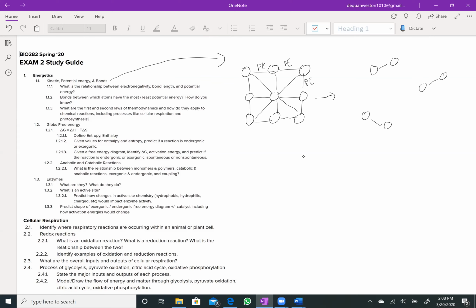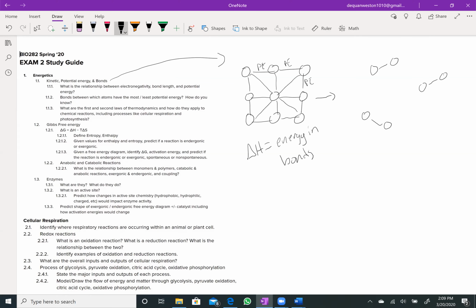So the entropy increased, but the enthalpy, which is basically heat, the enthalpy, which is like the energy in the bonds, decreased a lot, because where here we had all of these, we had 3 bonds connected to it. Well, now we just have 1 bond holding 2 of them together. So the enthalpy decreased quite a bit. Does that kind of answer that in terms of energy?